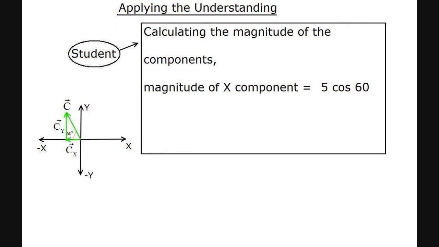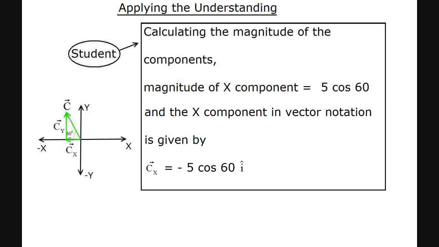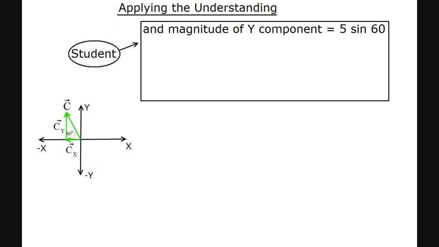Calculating the magnitude of the components. Magnitude of the x-component is equal to 5 cos 60. And the x-component in vector notation is given by Cx bar is equal to minus 5 cos 60 times i hat. And the magnitude of the y-component is equal to 5 sin 60.